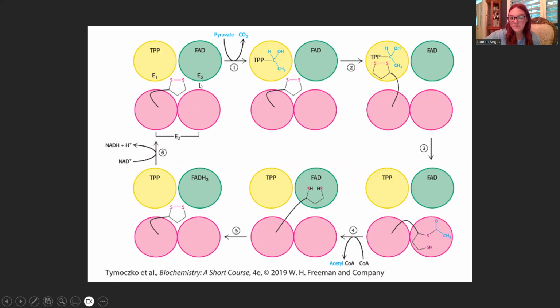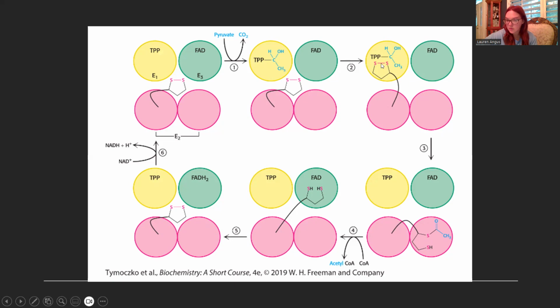Starting off with step one, pyruvate is decarboxylated to form the hydroxyethyl TPP using the enzyme pyruvate dehydrogenase. You can see in this middle top structure, you have the hydroxyethyl TPP formed, and you still have your lipoamide arm hanging out in the middle.